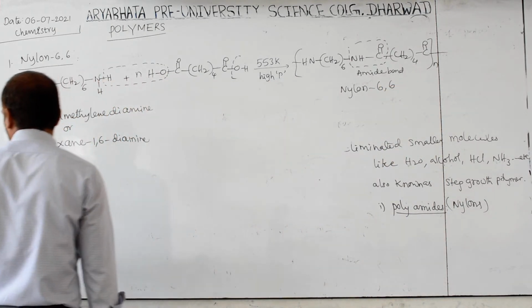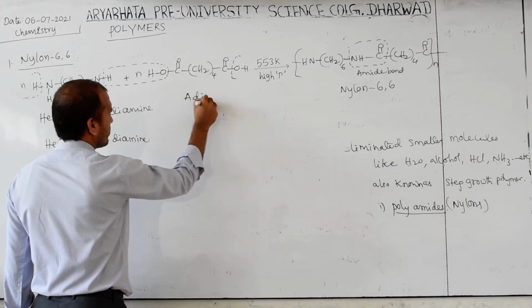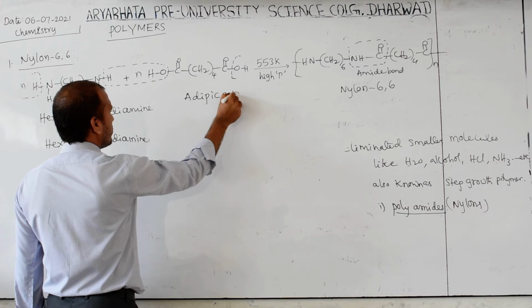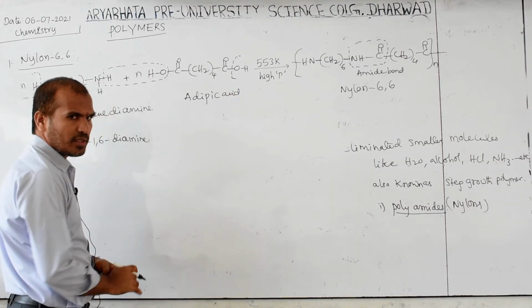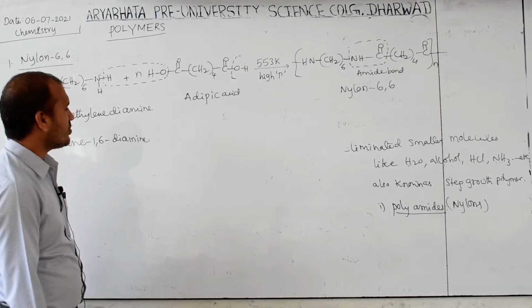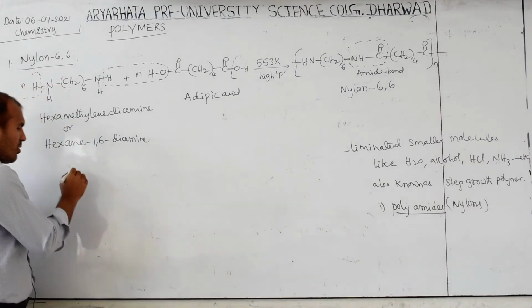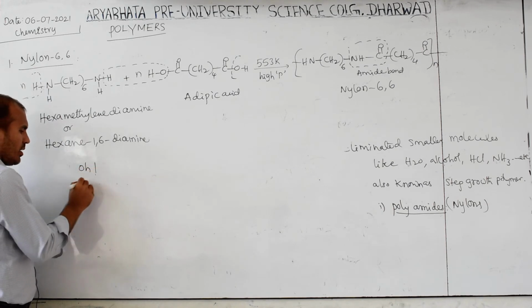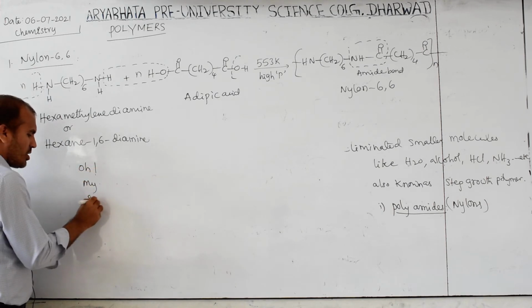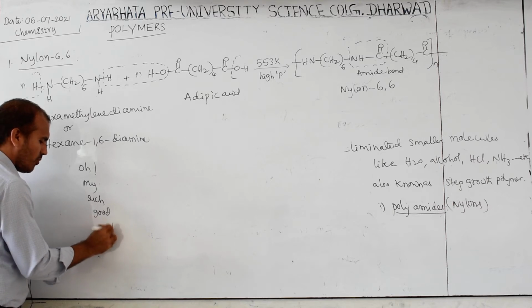Clear? So what is the name of the other one? I forgot to write it here: adipic acid. I told you how to remember, no? Oh my, such good apple.